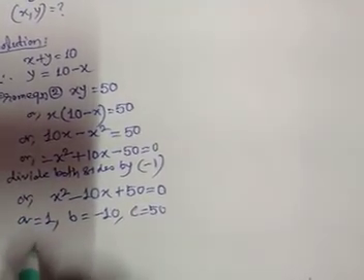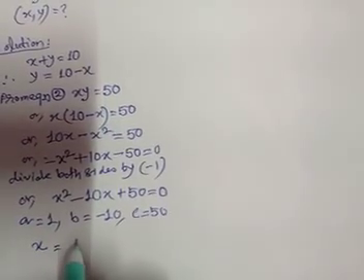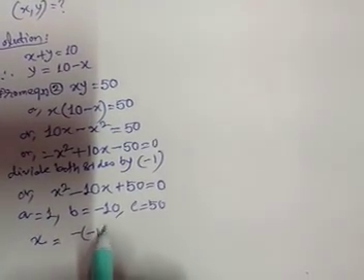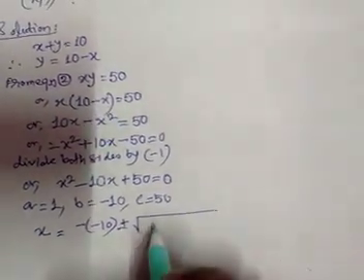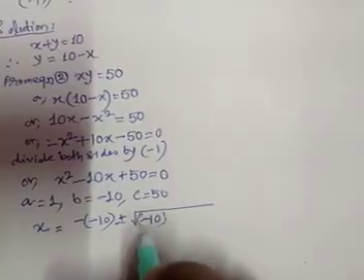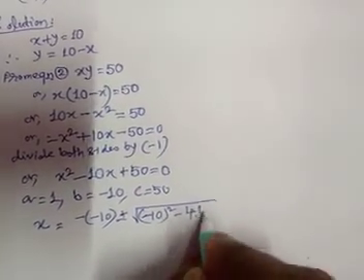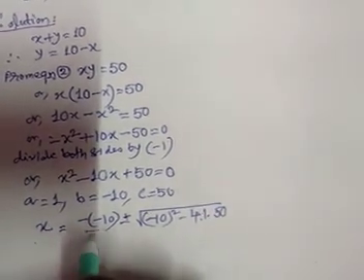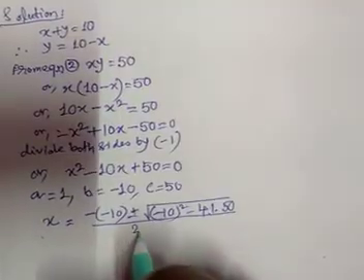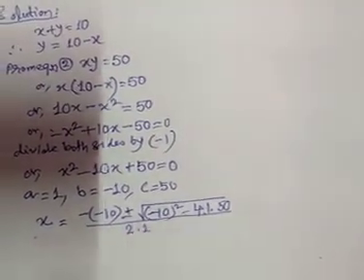So the two roots of this equation are x equal to minus b plus minus root over b square minus 4ac, that is minus 10 square minus 4 into 1 into 50, divided by 2 into a, that is 1.